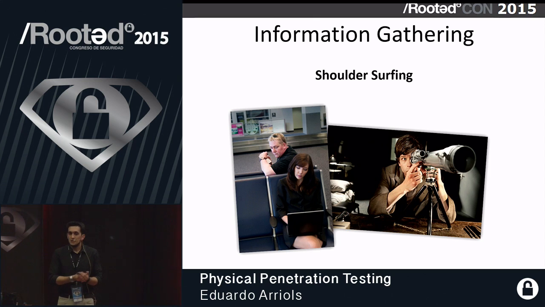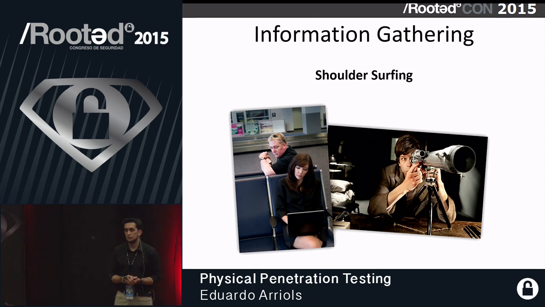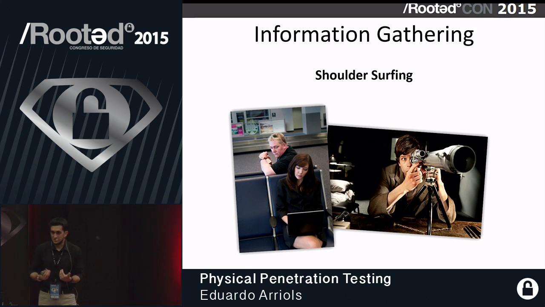Shoulder surfing. This is also very typical. If you follow your employees, for instance, they go to have lunch, and then if you pass by them, if you do this shoulder surfing, you can get lots of information.